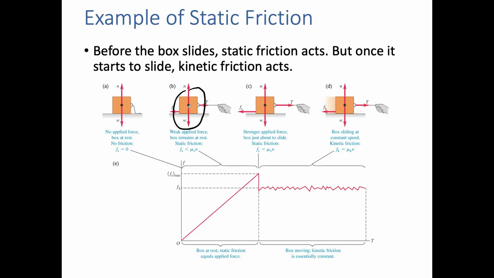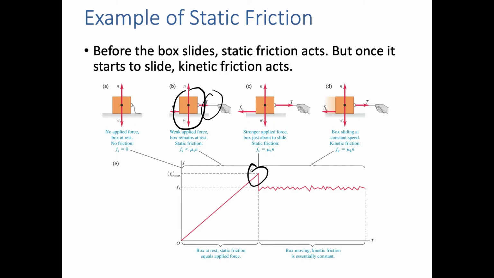In this simple case, in the horizontal direction, there is only a pulling force and friction. So they have to add up to zero all the time, which means friction has to always be equal to the tension, the pulling force. So static friction can be a number anywhere between 0 and the maximum value.